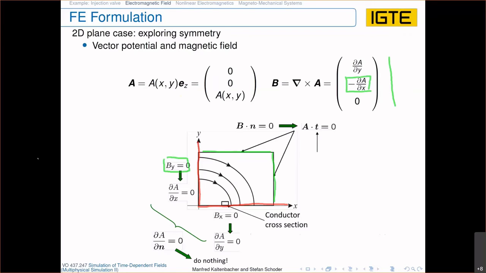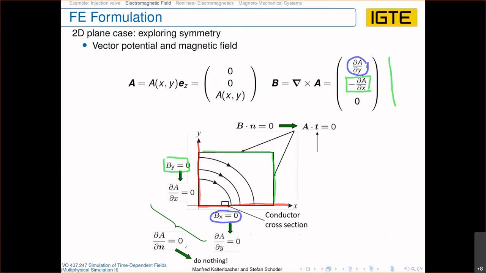Along the other boundary, we have that the x component of the magnetic flux density has to be 0, which means the partial derivative of A with respect to y should be 0.